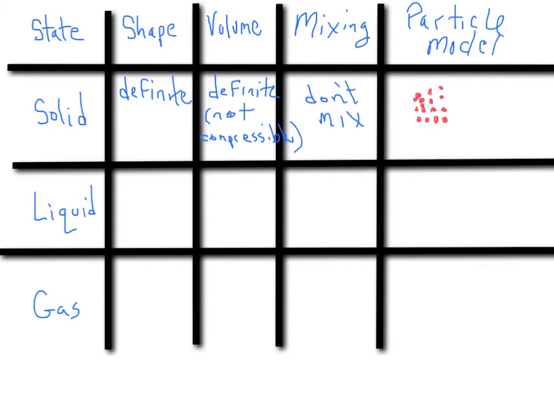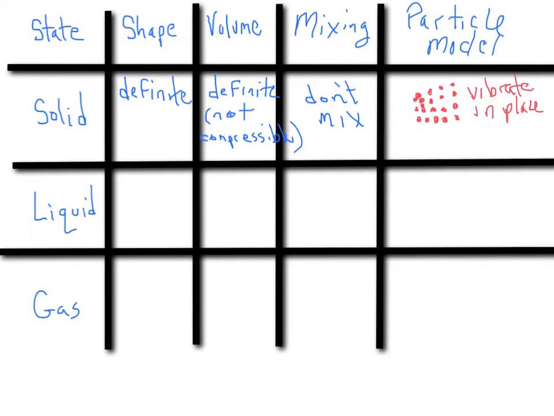These particles have freedom of movement in that they can move in all directions around them, but since they are not able to escape from one another, they are constantly hitting into each other and basically just vibrating in place. So solids do move, there is molecular motion, but they are basically just vibrating back and forth, up and down, left, right, but they're not able to escape each other.